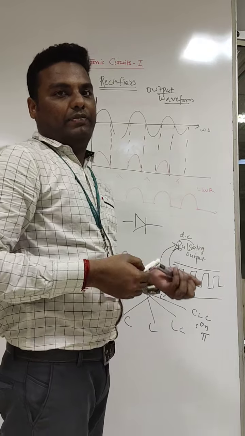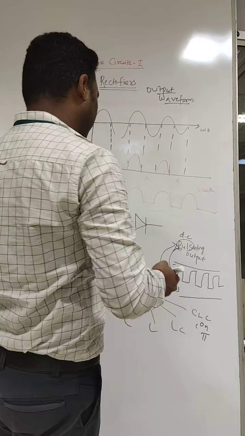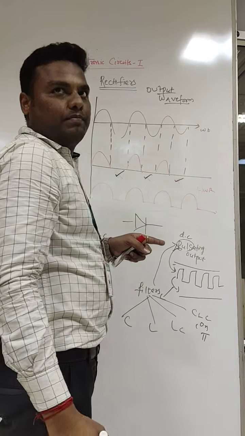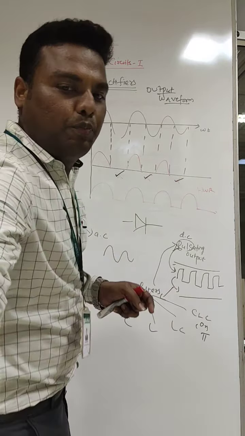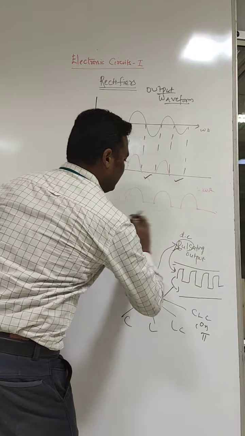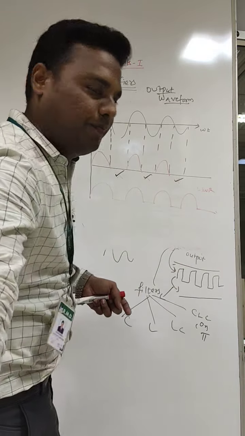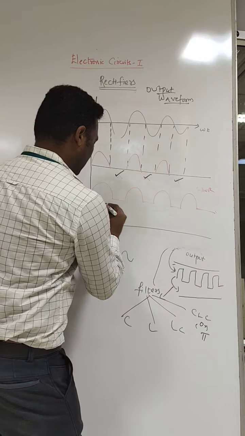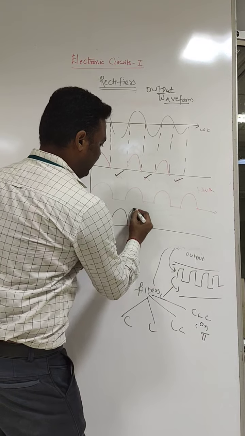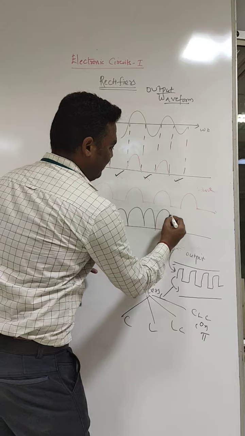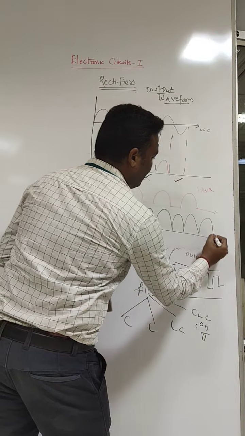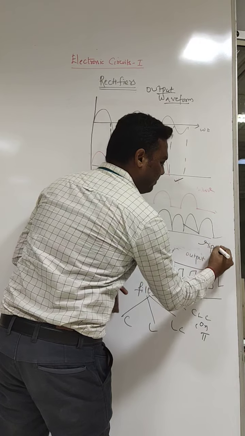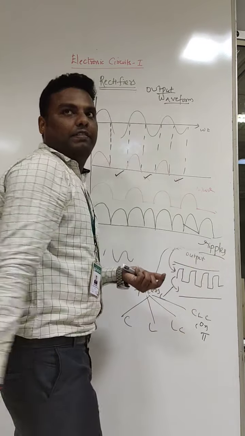When we come to the full wave rectifier, the same thing, but it is also activated in the negative cycle. Therefore, we get the output like this: positive cycle, negative cycle, positive, negative, and so on. These are called ripples.